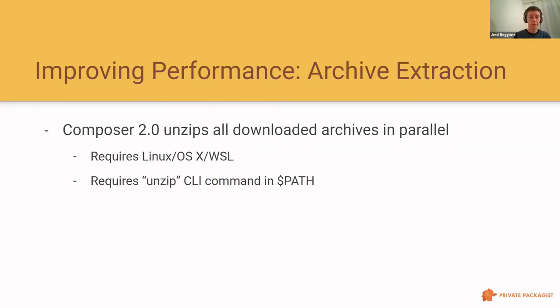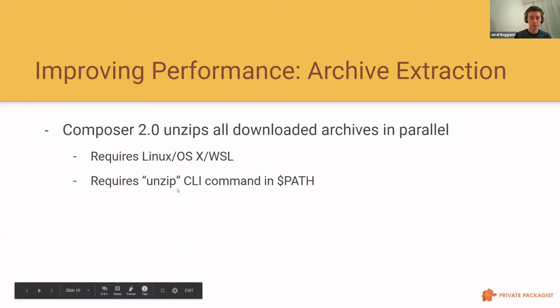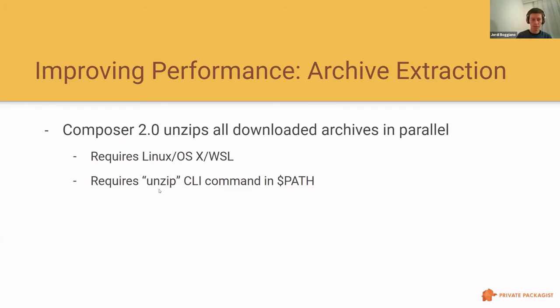All that's needed is that you have the unzip CLI command installed, which you can install fairly easily on Linux, at least with apt install unzip. If that's available, we'll just fork off the unzipping to new processes.